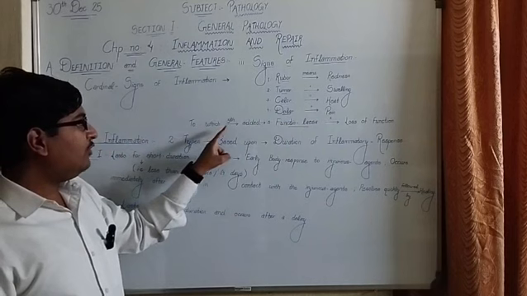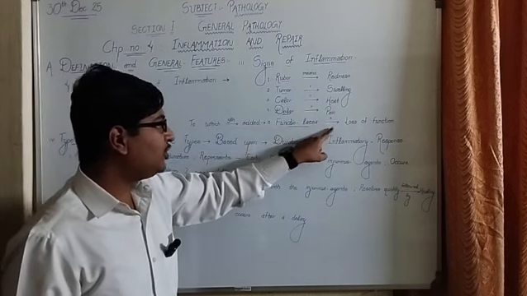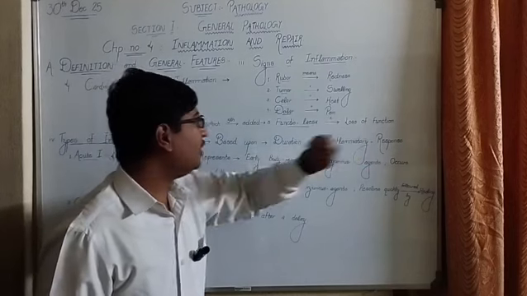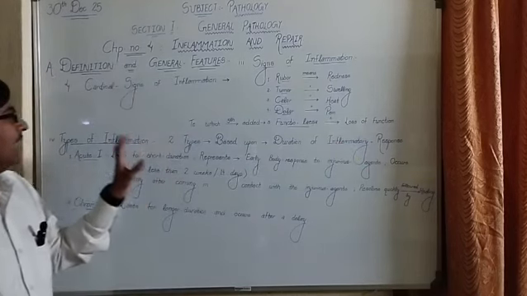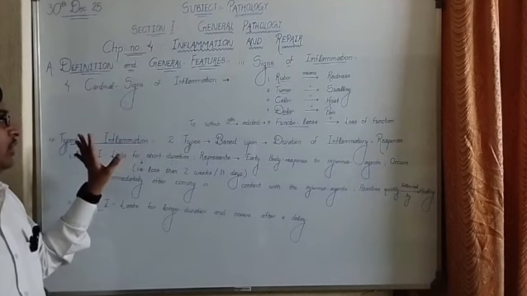Now, a fifth one is added, which is functio laesa, which means loss of function. So these are the basic main cardinal signs of inflammation.